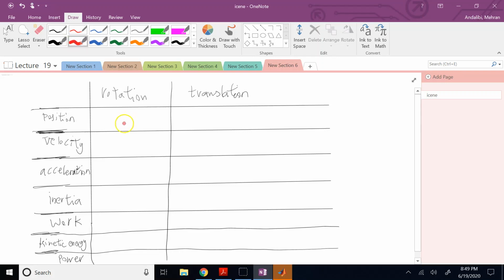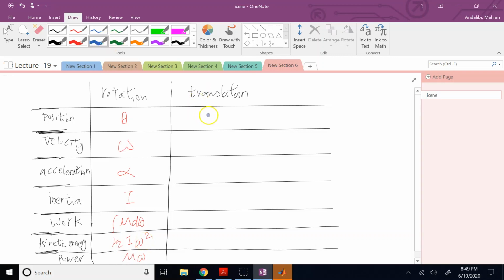So here we go with theta, omega, alpha, I, integral of M d theta, 1/2 I omega squared, and then M omega.